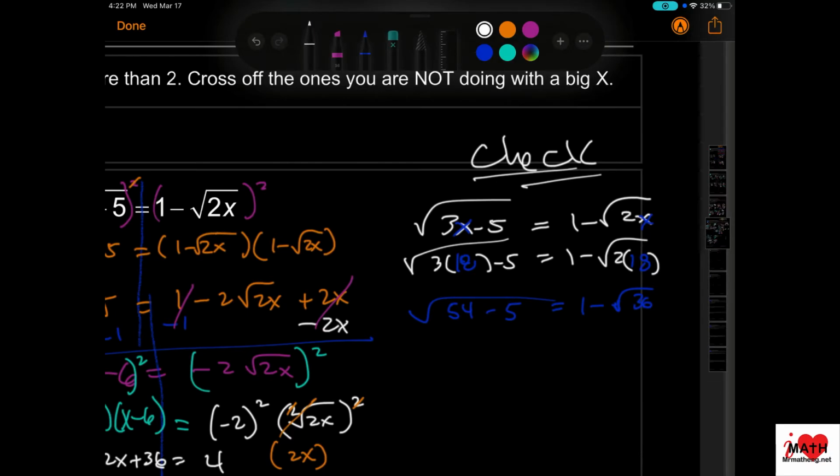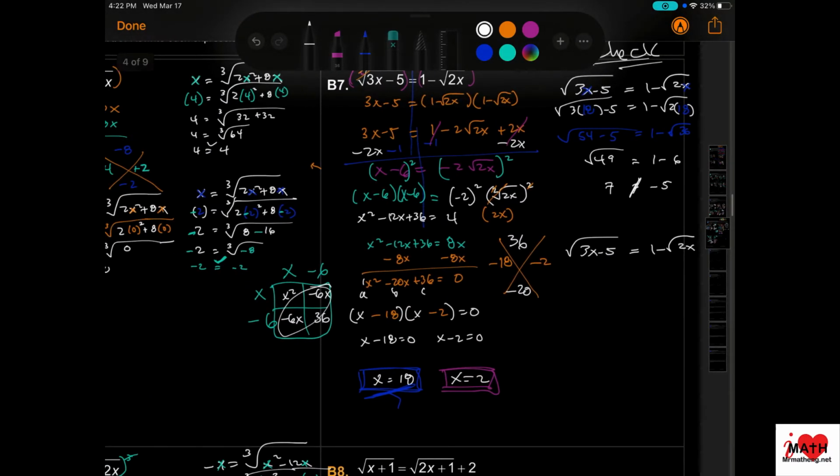So 54 minus 5 is 49, and the square root of 49 is 7. Square root of 36 is 6, and you'll get 7 equals negative 5. Can 7 equal negative 5? That is not true. So 18 gets a big X as a no. This is an extraneous solution.